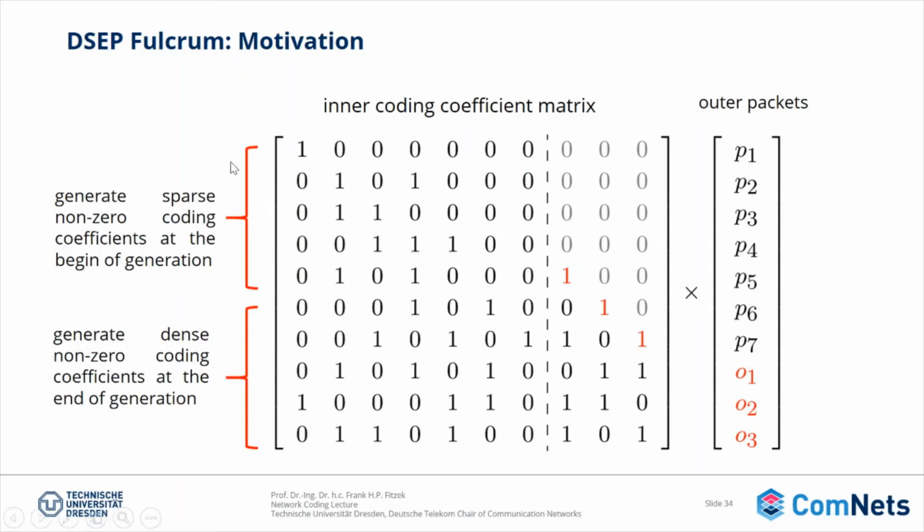The common solution is to generate sparse non-zero coding coefficients at the beginning of the generation, and increase the density of non-zero coefficients at the end of the generation, and also assign a lot of non-zeros on the expansion coefficients. But the question is where and when we should increase the number of non-zero coefficients.